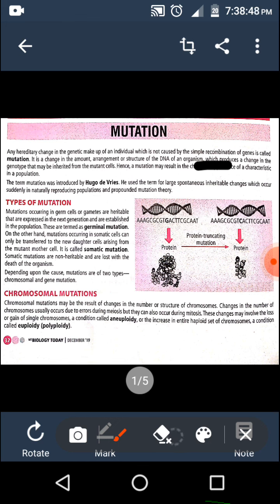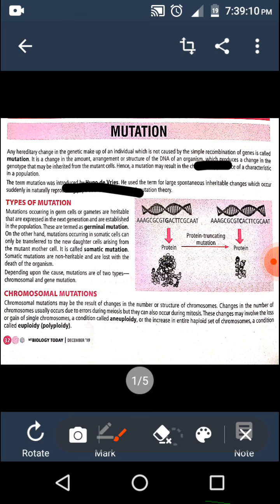The term mutation was given by the scientist Hugo de Vries. We already know the scientist Hugo de Vries. He gave the mutation theory, and he did experiments on the primrose plant, that is Oenothera lamarckiana.